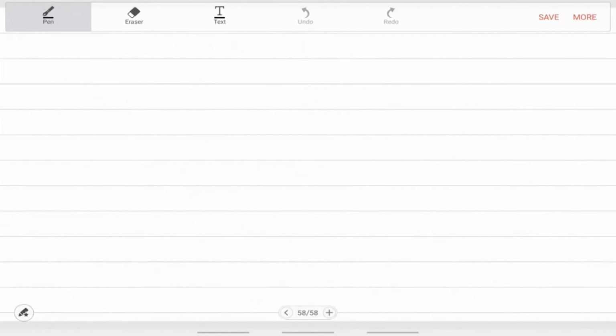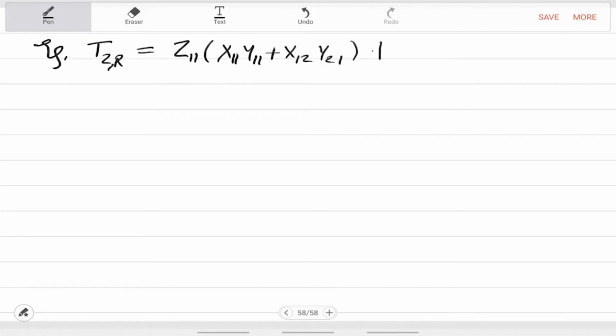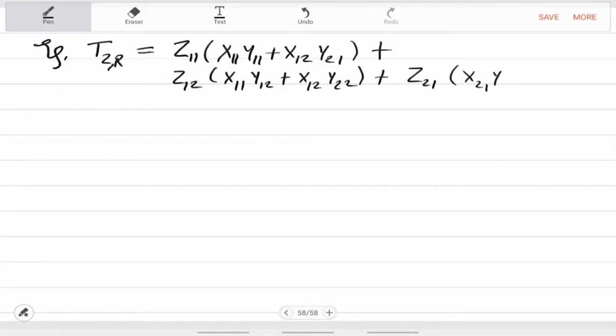For example, if you look at the matrix multiplication tensor for 2 by 2 matrices, it is a sum of terms with Z11, plus Z21, plus the last is Z22.